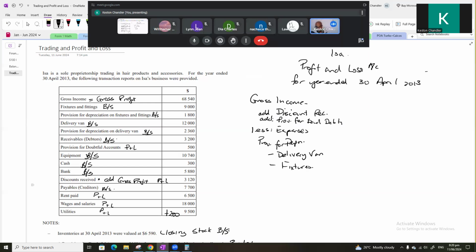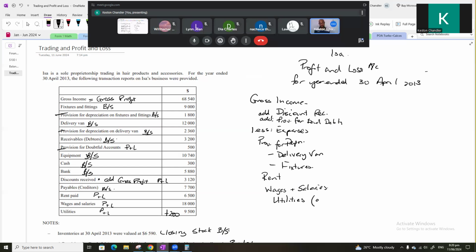Right, so we dealt with this, delivery van, fixtures. We have rent, wages and salaries, utilities.